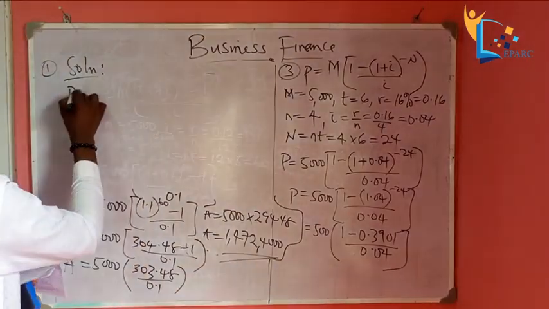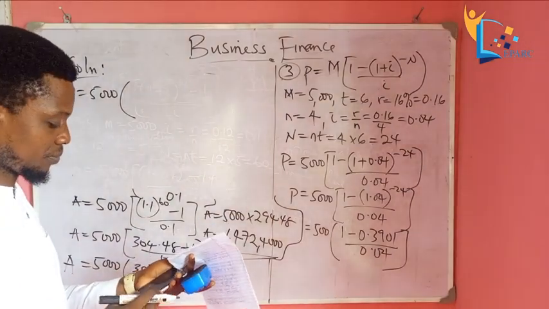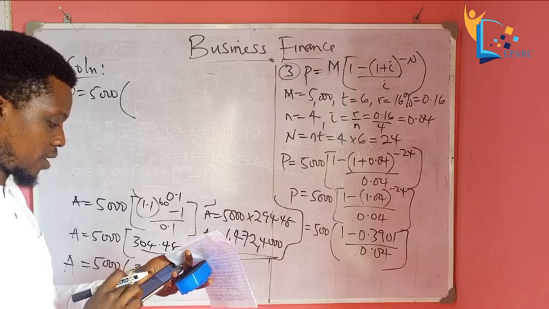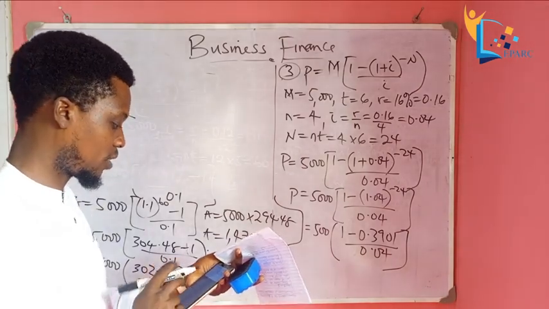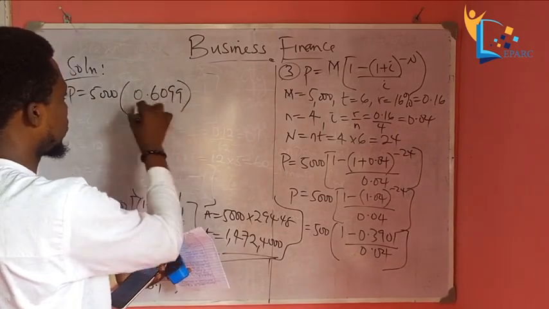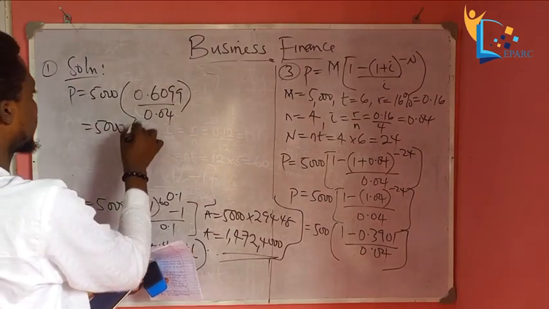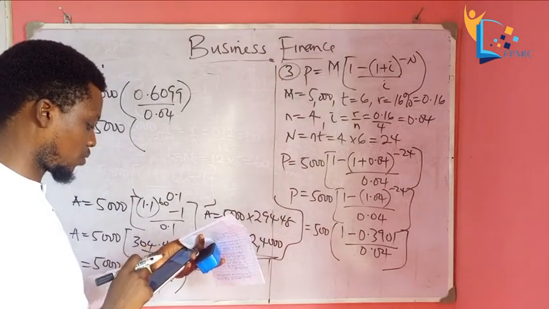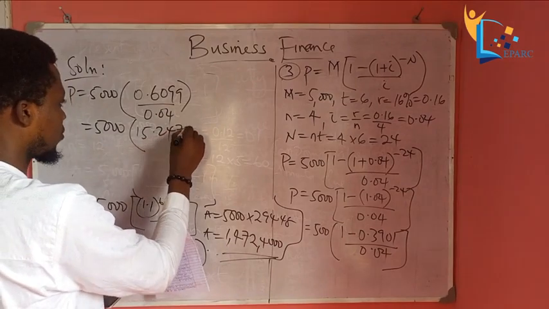So we have P is equal to 5,000, open brackets, 1 minus 0.3901, which is equal to 0.6099 all over 0.04, which is equal to 5,000, open brackets, 0.6099 divided by 0.04, which is 15.2475.